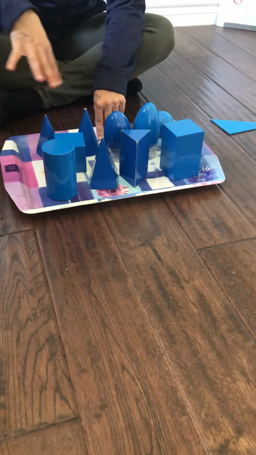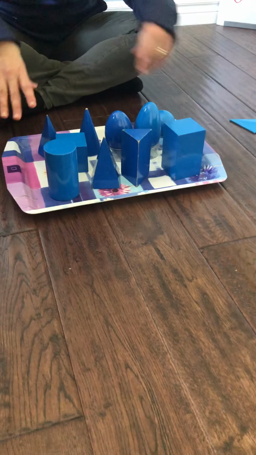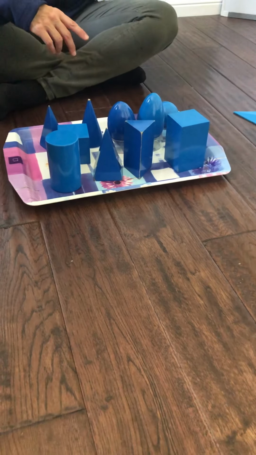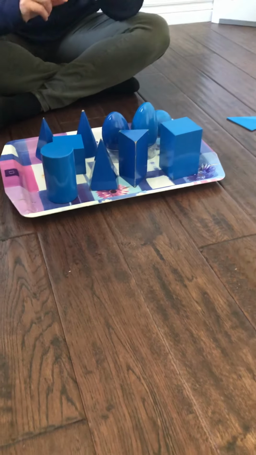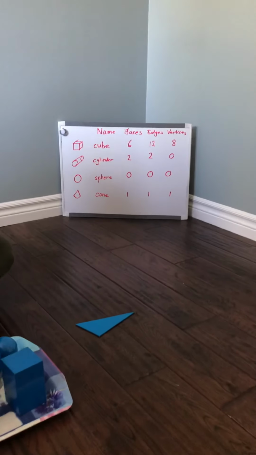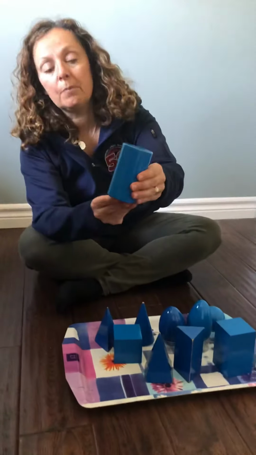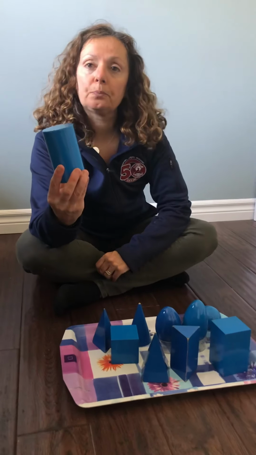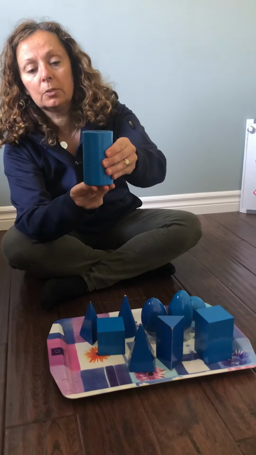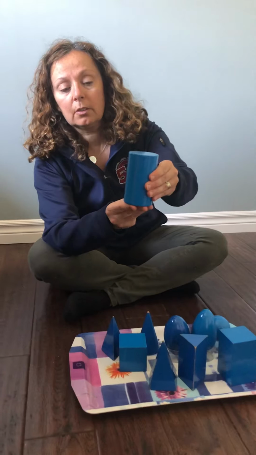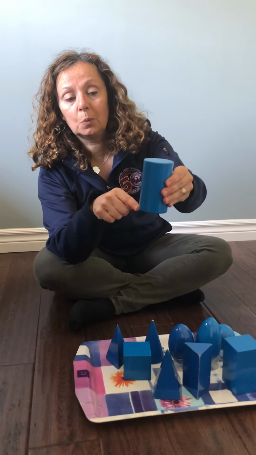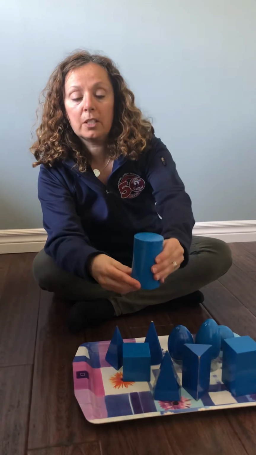So let's just look at some of the names of these, and then we're going to focus on faces, edges, and vertices. We'll talk more about that later, but for now, let's look at the cylinder. It's long, it's wide, and it's high, so it's three-dimensional.